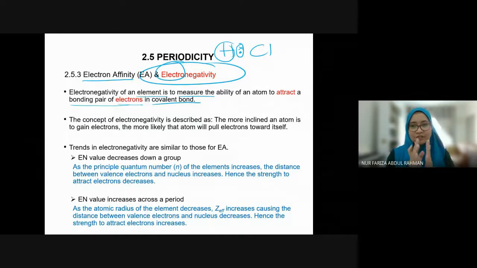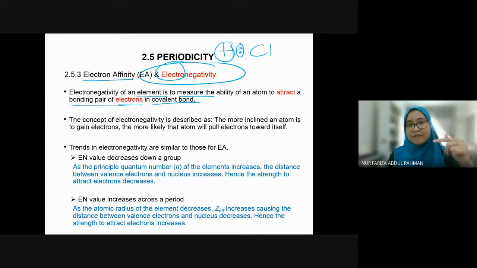The electron is not shared equally. Instead, the bonding electron is pulled towards chlorine. Because why? Because chlorine has higher electronegativity compared to hydrogen. Why does it have higher electronegativity? Same story as across the period, because of the Z effective.